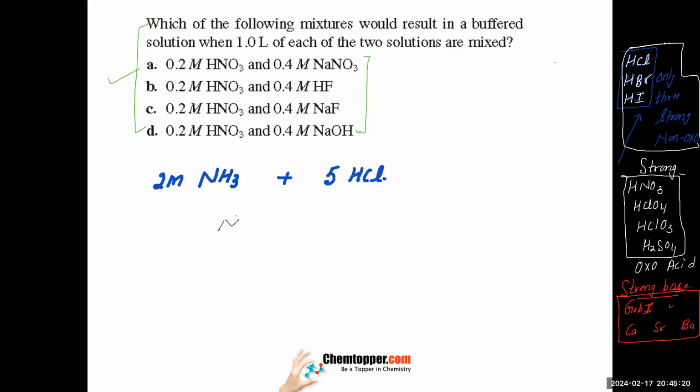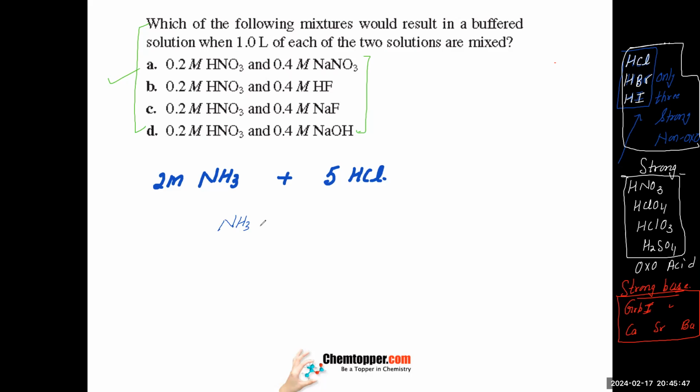So what's the reaction, children? NH3 is a base or acid? You know, ammonia, I told you to make it your best friend. Yes, it's a base.